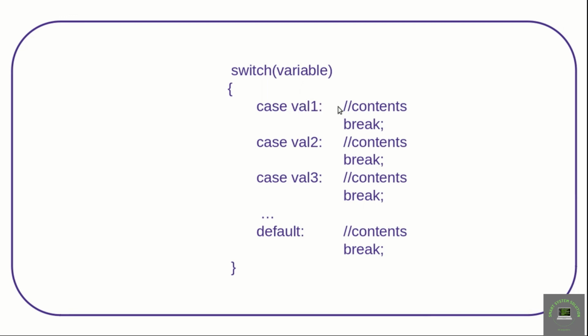So what it will do is execute the particular case, and as it does not have the break statement now, it will continue to execute the case beneath it, and this content would also be executed, and now it encounters the break, therefore it jumps out of the switch statement. So break is necessary to get out of the switch. If break is not specified, then it will continue executing the cases beneath the particular case.